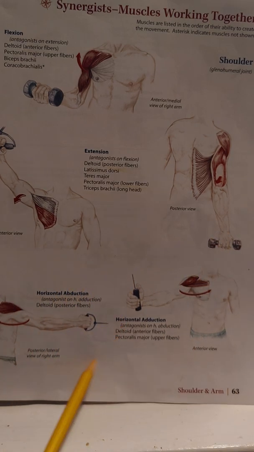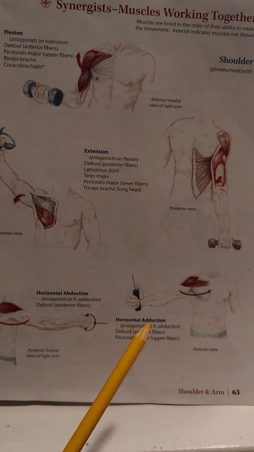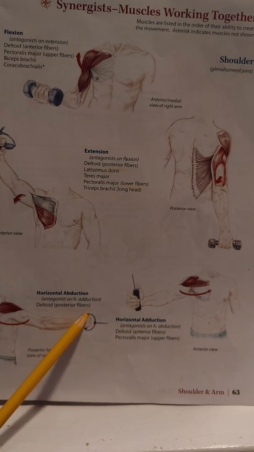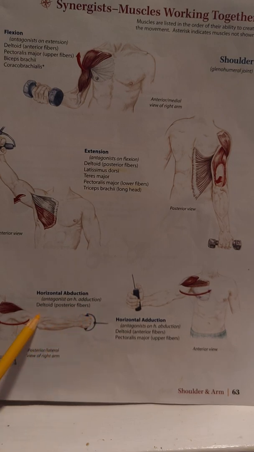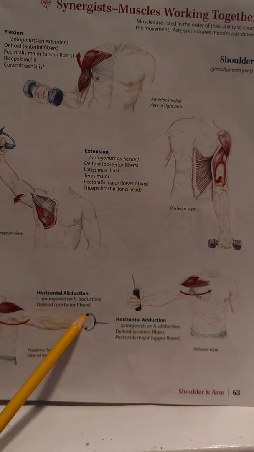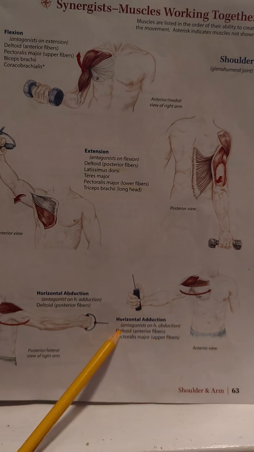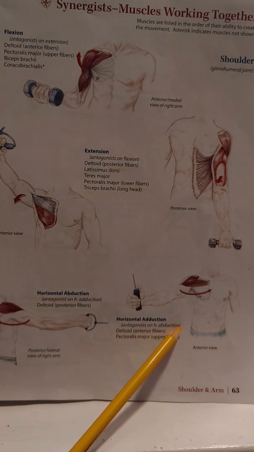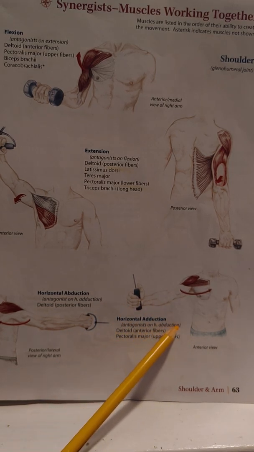Okay, so we're doing the horizontal abduction, and we all know that the antagonist of horizontal abduction is horizontal adduction. Okay, so deltoid, the posterior fibers, and the antagonist on the horizontal abduction will be the deltoid anterior fibers.